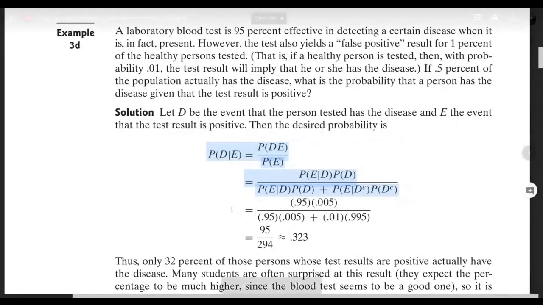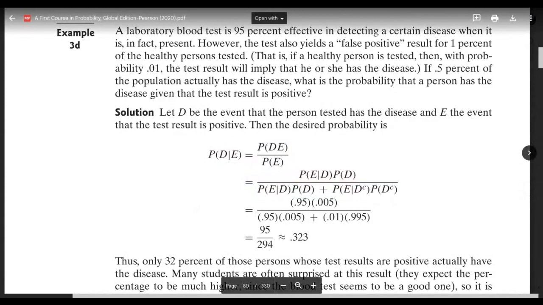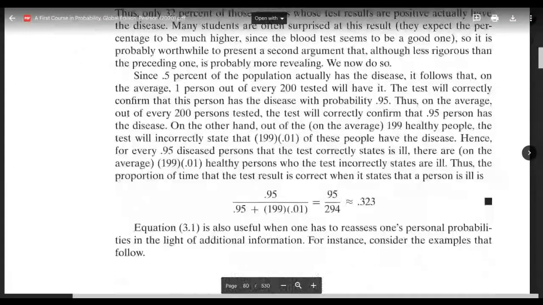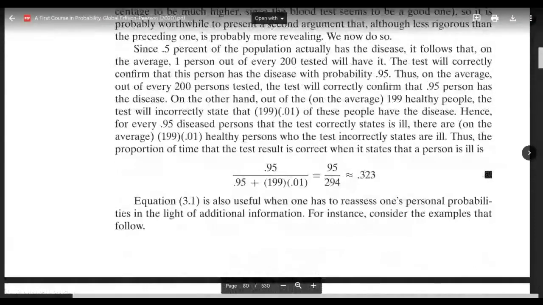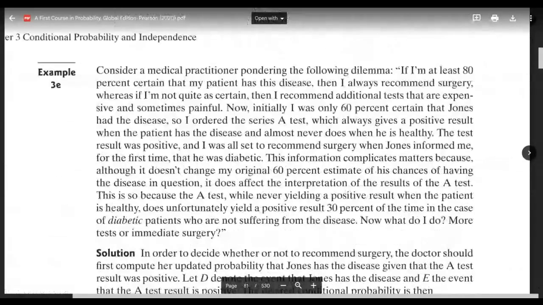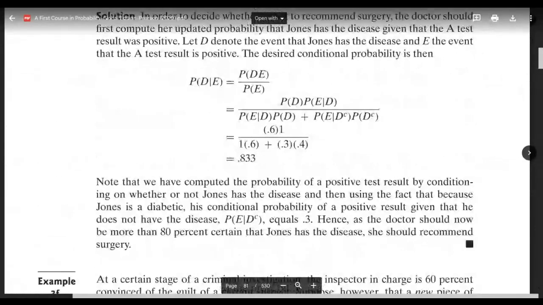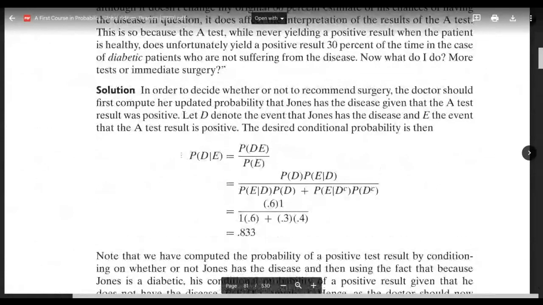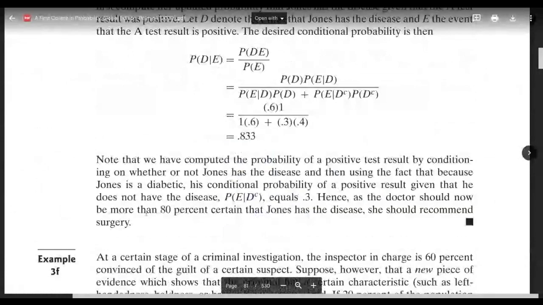Anyone has any questions? You see this one is similar to D. Let's see this one.